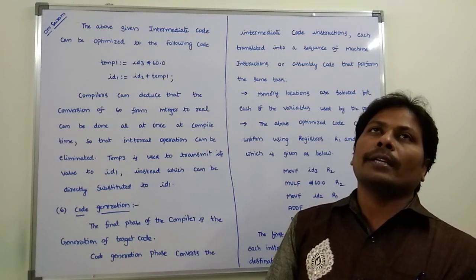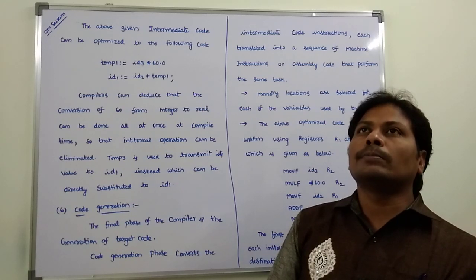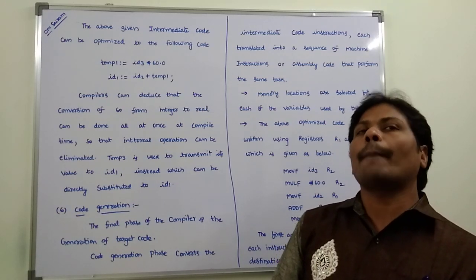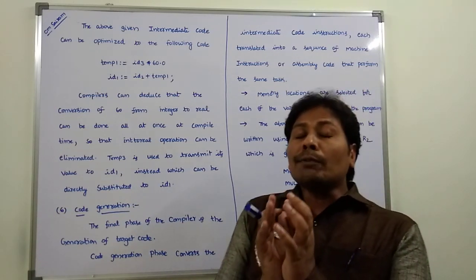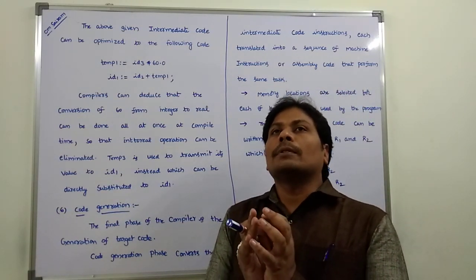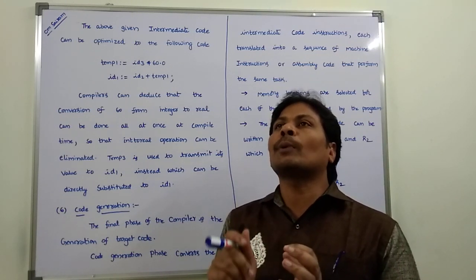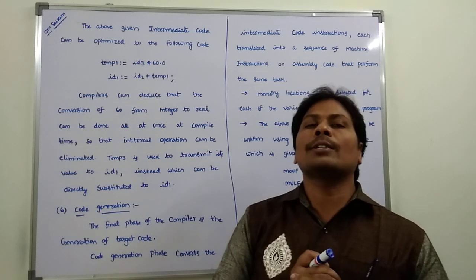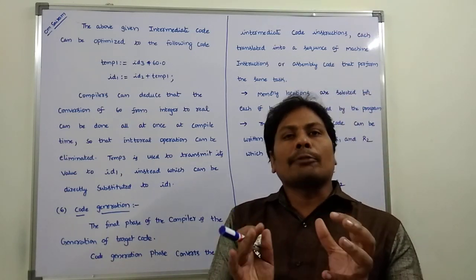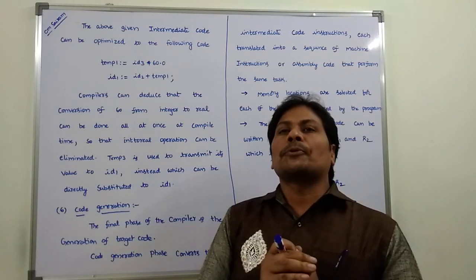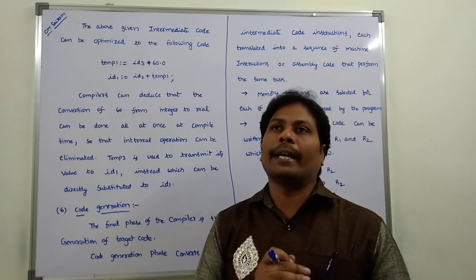Second instruction is temp2 is equal to id3 into temp1. Here the conversion of integer 60 into real, that is 60.0, can be done all at once at compile time, so that instruction can be eliminated.